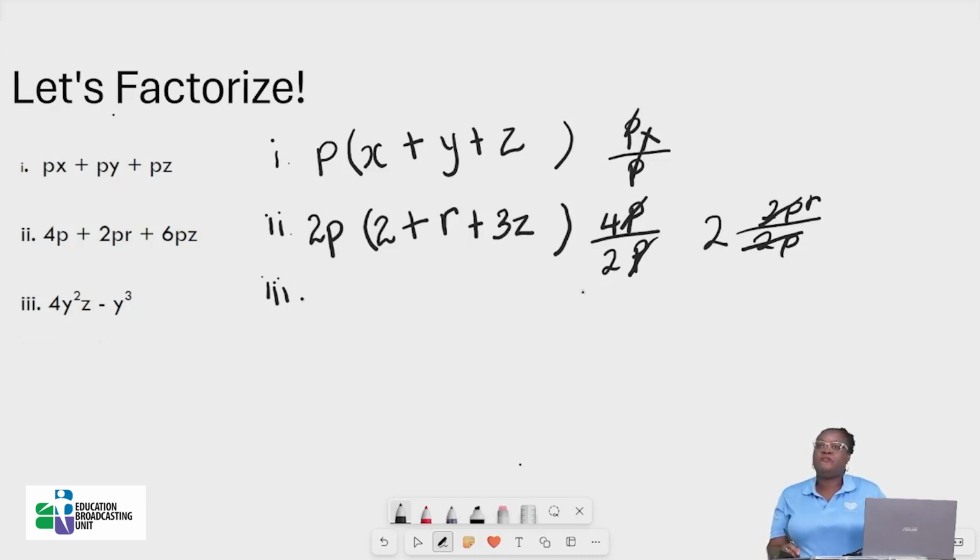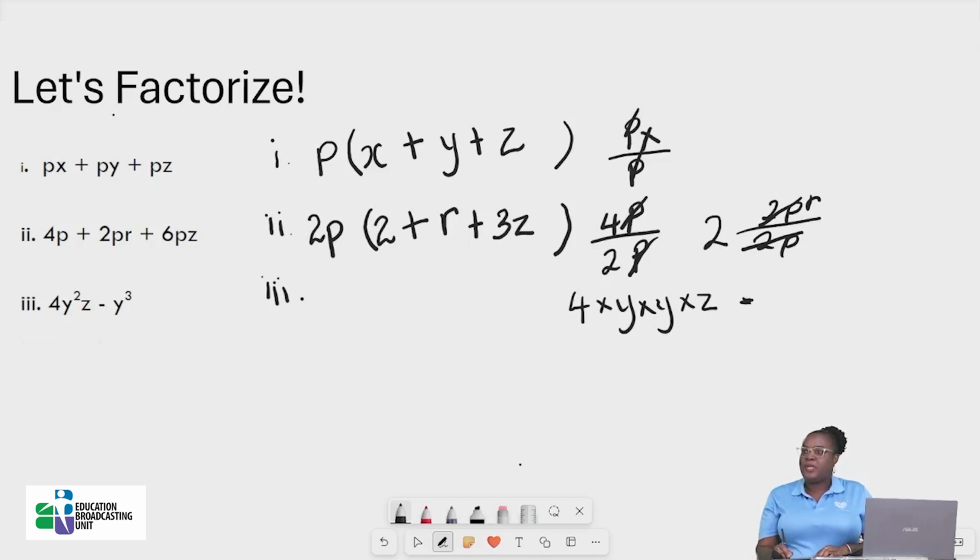So if we expand this expression, it would be 4 times y times y times z, subtracted by y times y times y, which is y cubed, or y to the 3rd power.